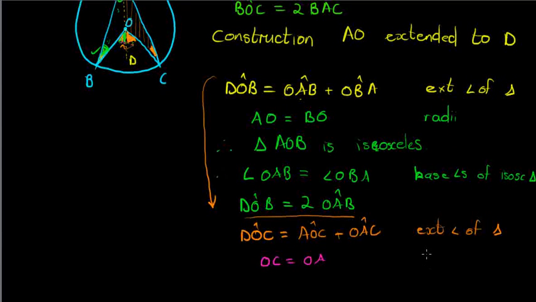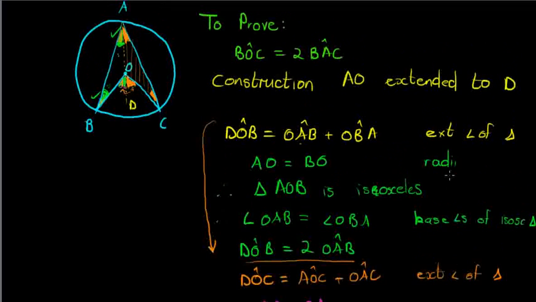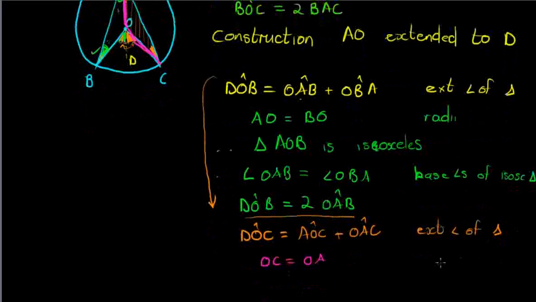And why is OA equal to OC? Radii. Well done, you guys seem to be getting it. Radii. Which means that triangle OCA is isosceles.